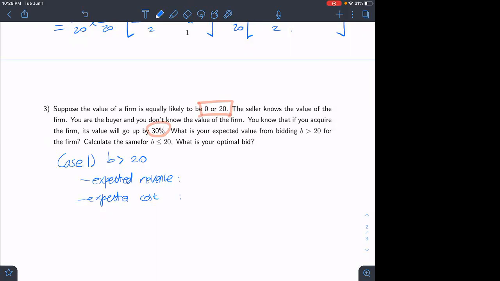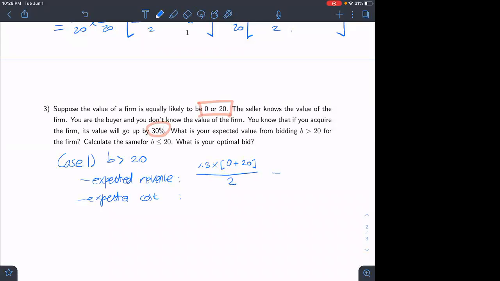So expected revenue is that, whatever the realization is, the value of the firm will be boosted by 30%. So I multiply 1.3. It can be either 0 or 20. And then each realization of V has the probability 1/2. So I divide by 2.